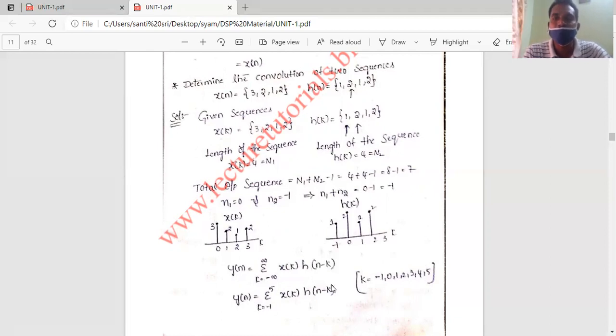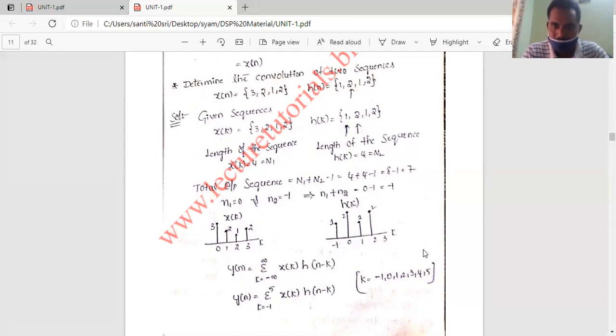If k is minus 1, then x of k and h of n minus k, minus infinity to infinity means we have 7 elements.